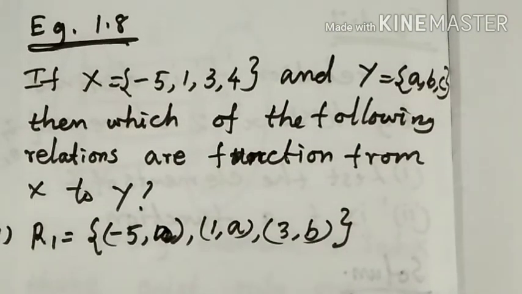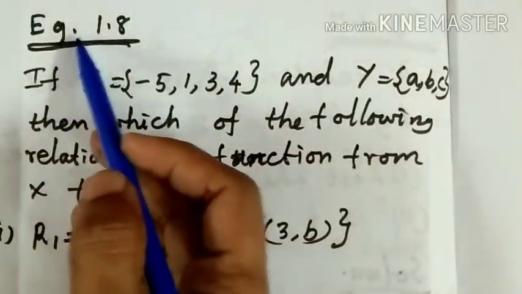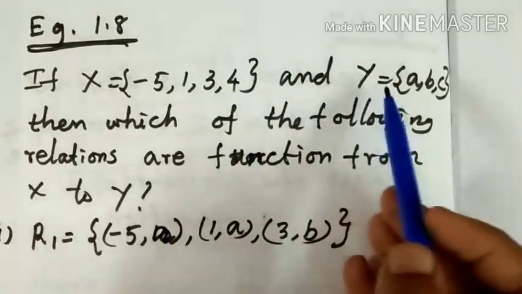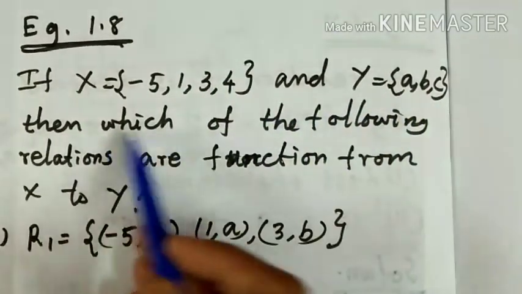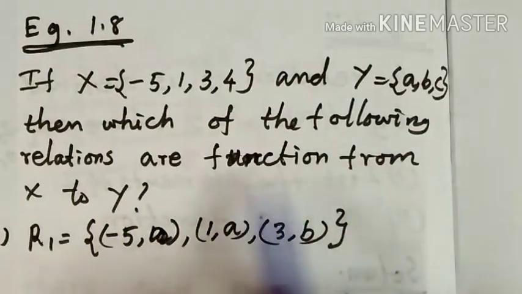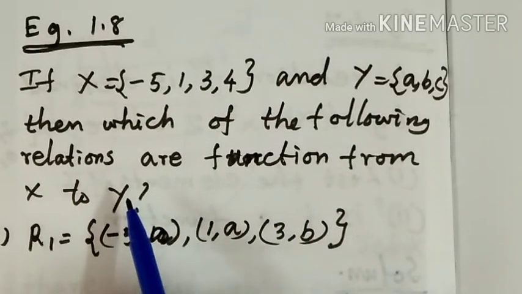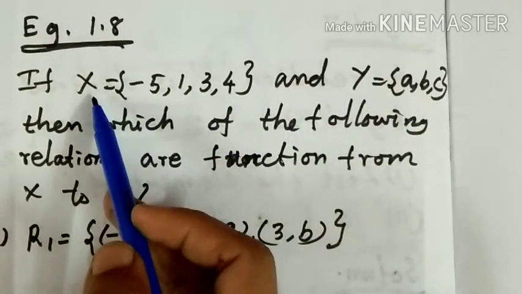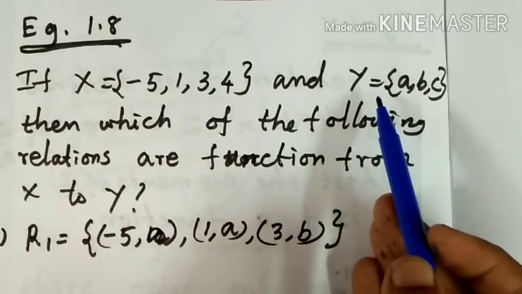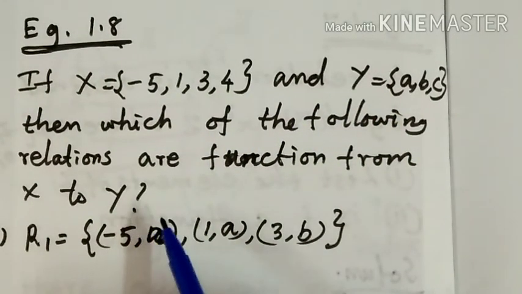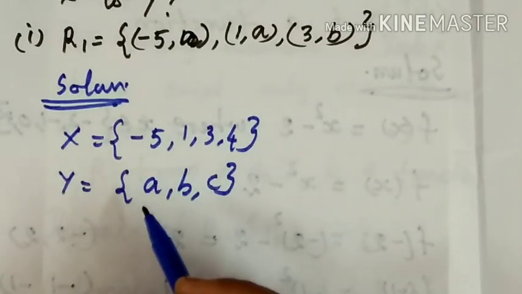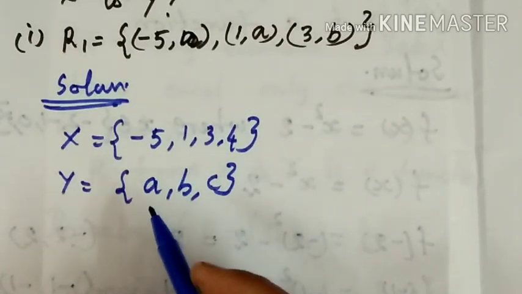Now, we are moving to the next example, example 1.8. If X equals minus 5, 1, 3, 4 and Y equals A, B, C, then which of the following relations are functions from X to Y? In this question, two non-empty sets are there, X and Y. We have to check whether the given relations are functions from X to Y. Solution: set X and set Y are given non-empty sets.